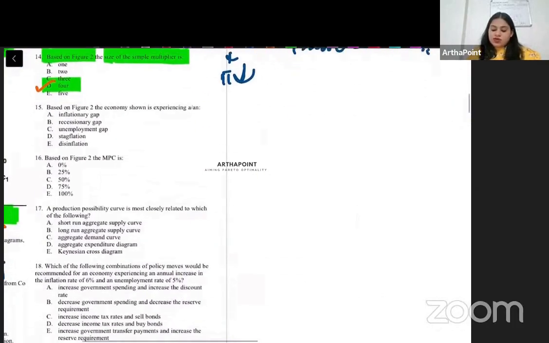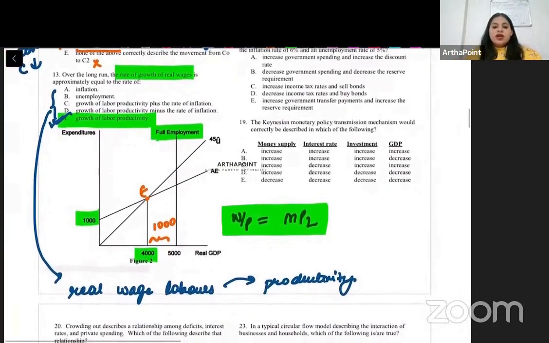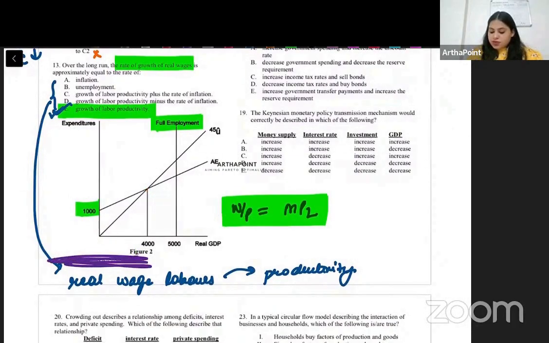Okay, come to the next question. Based on figure 2, the economy shown is experiencing what kind of gap? If you notice in this figure, my equilibrium GDP is here, beta. This is my equilibrium GDP. And this here is my full employment GDP.